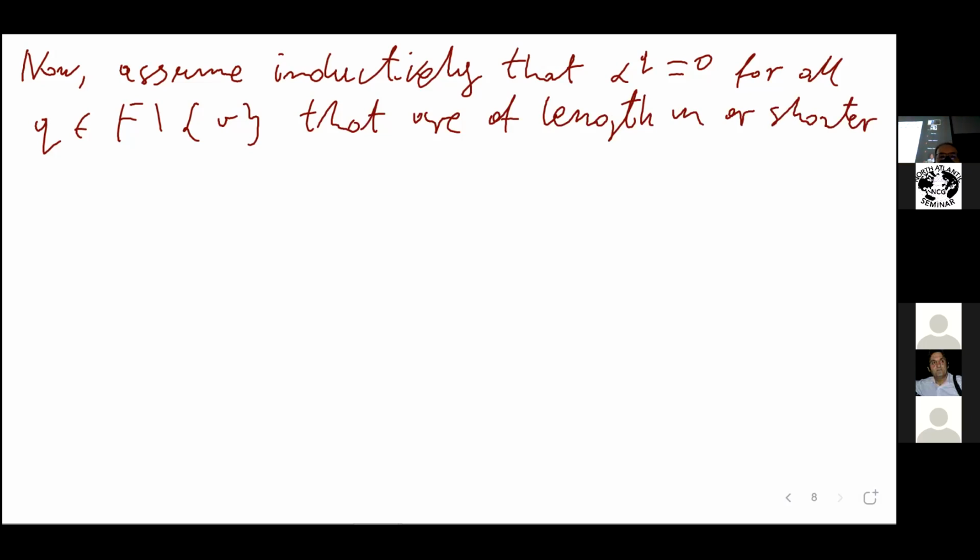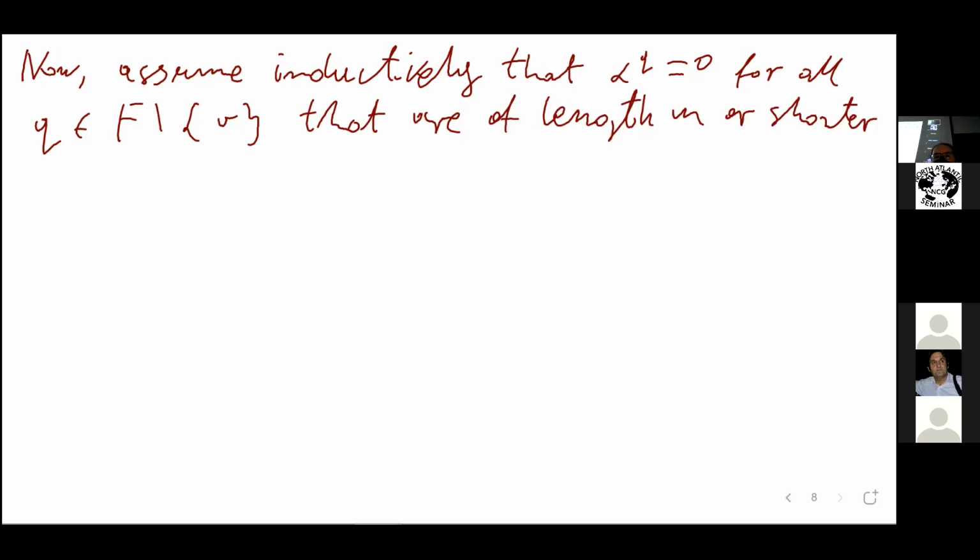Okay. So you see, the first step of induction is satisfied because we already excluded alpha q's where q is a vertex, and we excluded alpha q where q is an edge. So 0 and 1 are done.